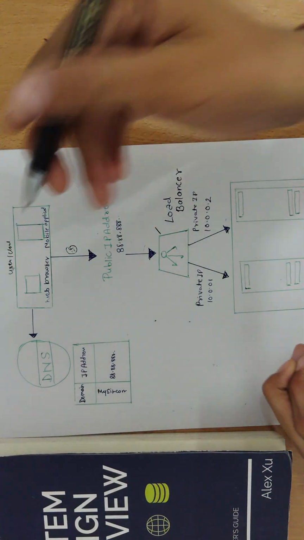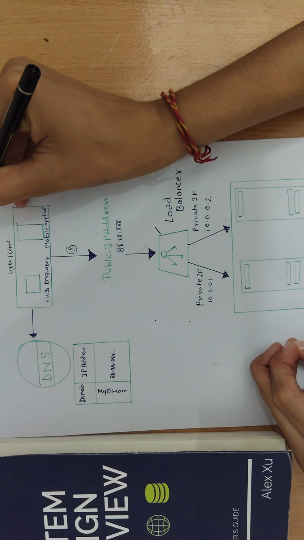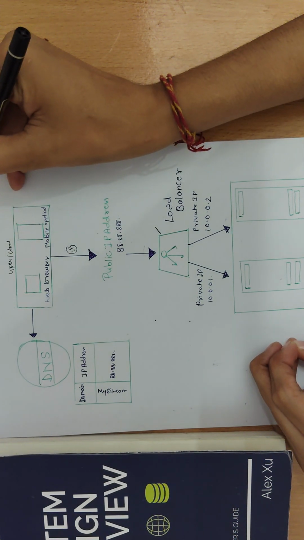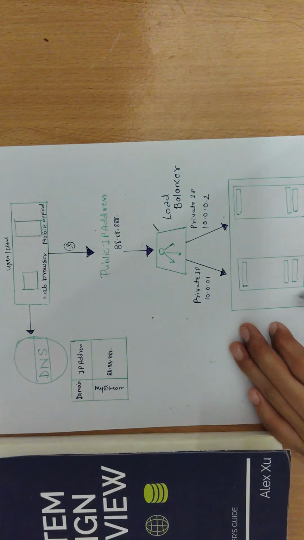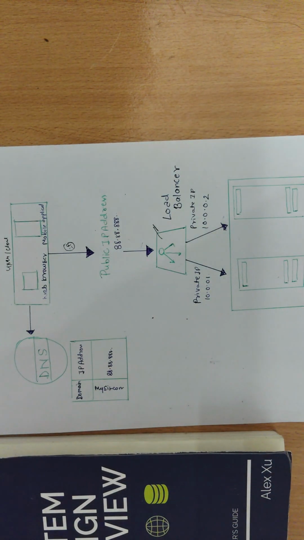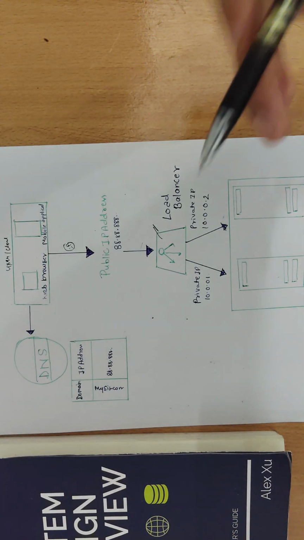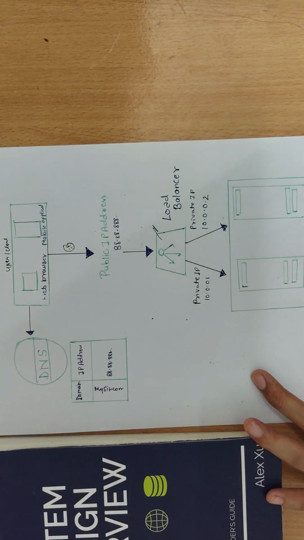A load balancer can be hardware or software which distributes the load among the servers. If we are using horizontal scaling, meaning multiple servers, the load balancer will decide to which server the request should pass on.